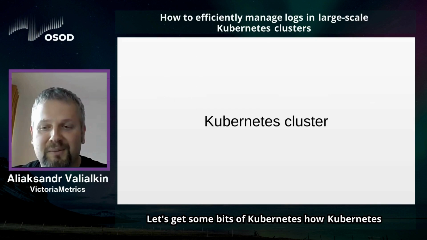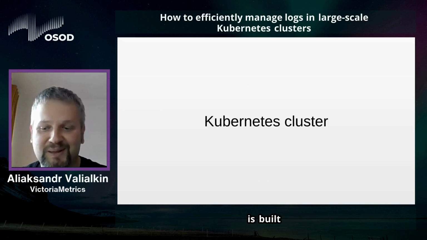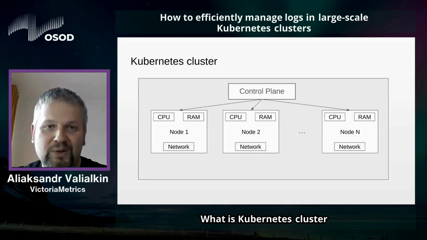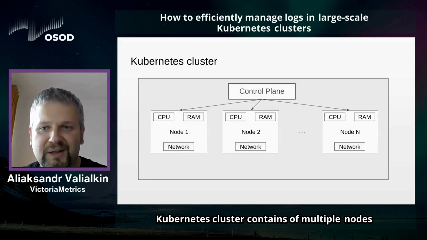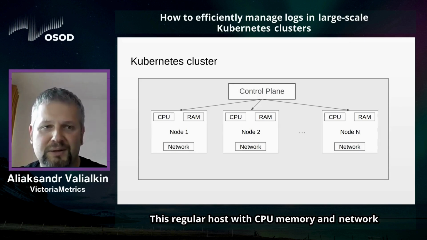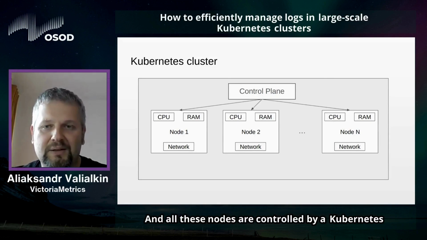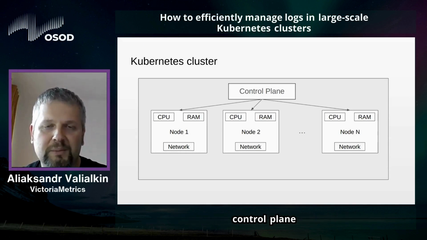Let's get some bits of Kubernetes, how Kubernetes is built. What is a Kubernetes cluster? A Kubernetes cluster consists of multiple nodes, which are regular hosts with CPU, memory, and network. And all these nodes are controlled by a Kubernetes control plane.